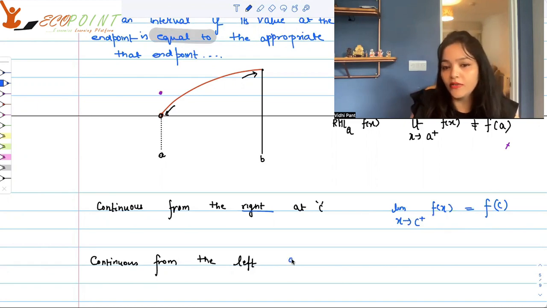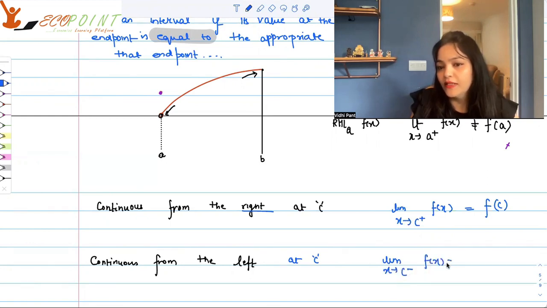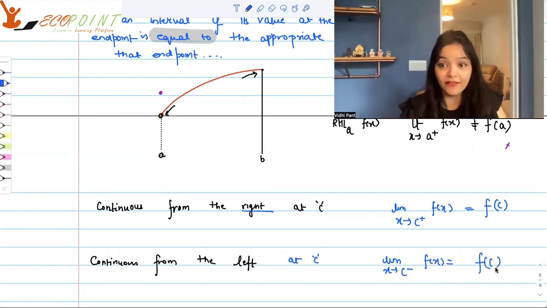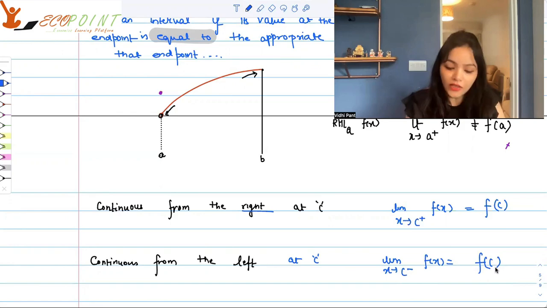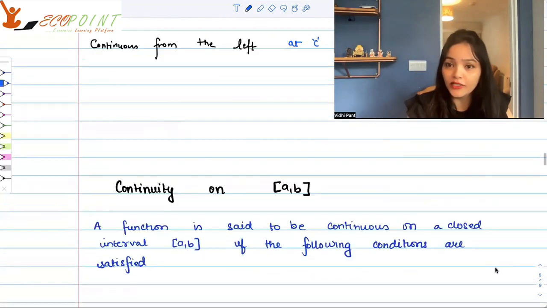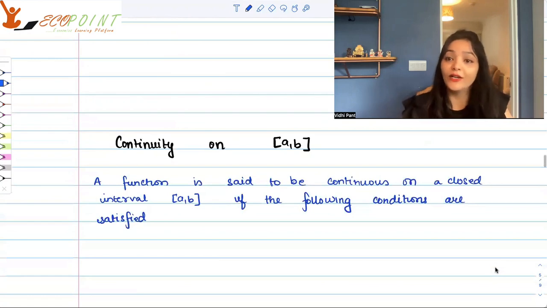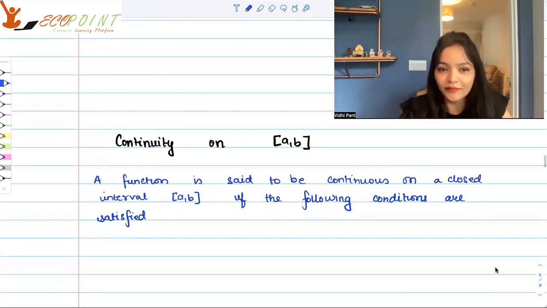When it is continuous from the left at c, what we mean is that the limit as x tends to c minus of f(x) is equal to f(c), and that would mean left continuous. So let's now define continuity on a closed interval [a, b].